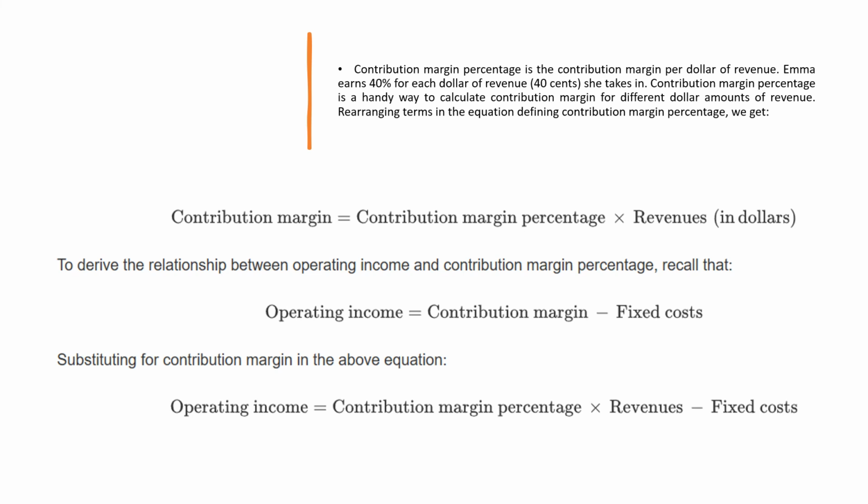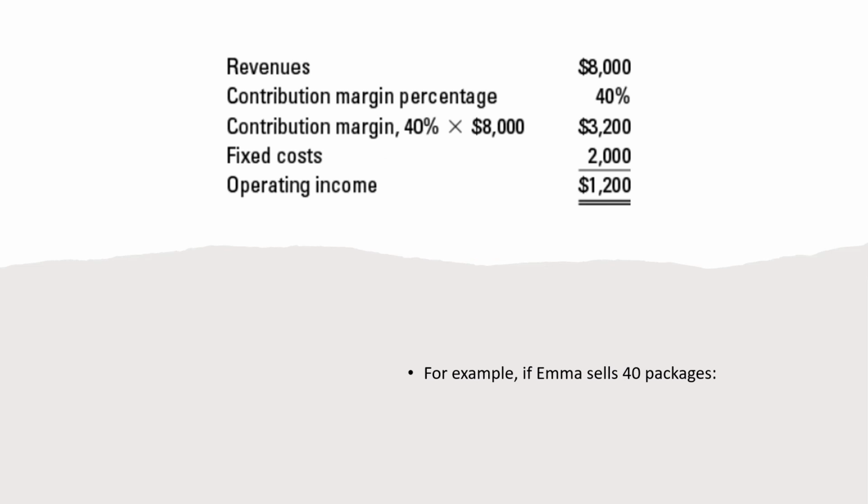Take a look at the different ways we can derive relationships between operating income, contribution margin, and contribution margin percentage. I'll go over it real quick. In this case, if Emma sells 40 packages, revenues would be $8,000 and contribution margin percentage would be 40%.